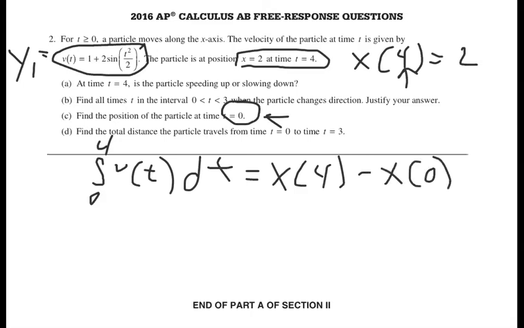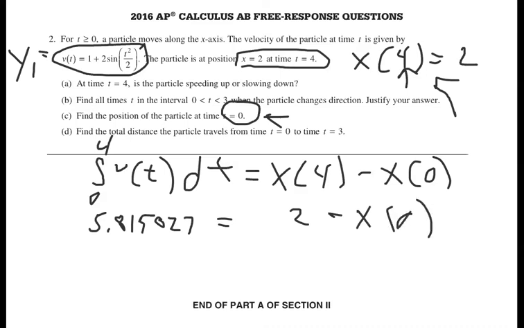So when you type that integral into your calculator, because you get to use your calculator, you get 5.815027. That's going to equal x of 4, which we know is 2 because that's given up here, minus x of 0.